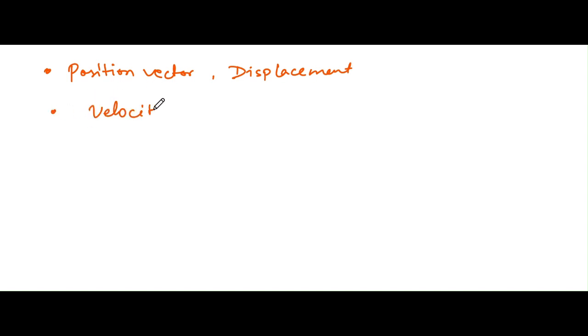Okay. Let me summarize the things we have discussed today. So we have discussed position vector, and then displacement. Displacement is also a vector quantity. And then we went for velocity, where there is average velocity and there is instantaneous velocity. And then we discussed acceleration, the same way, average acceleration and instantaneous acceleration.